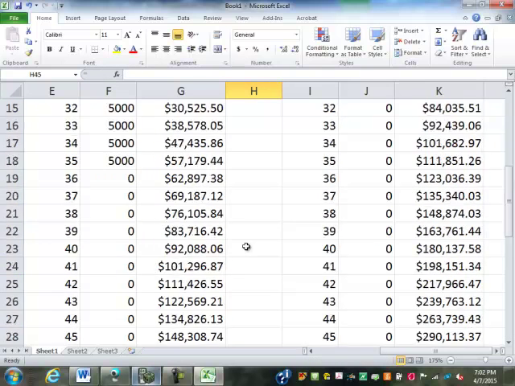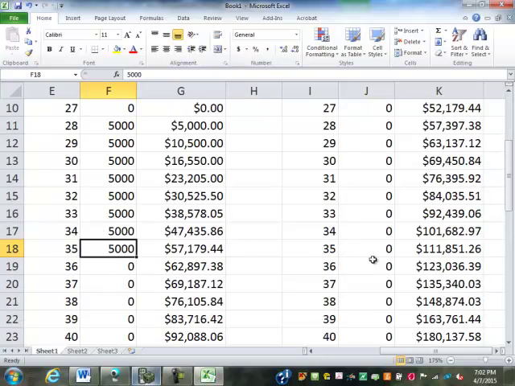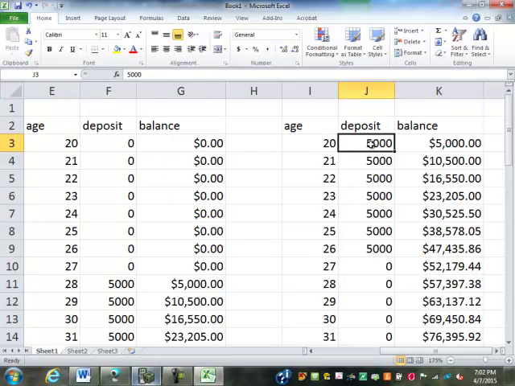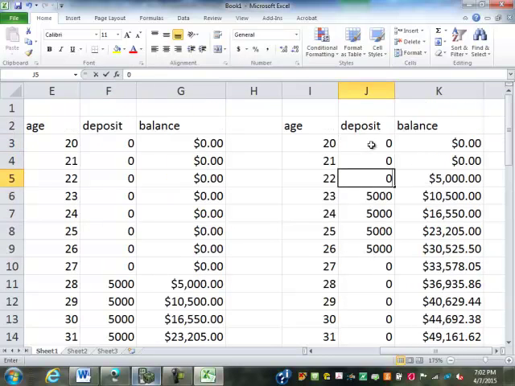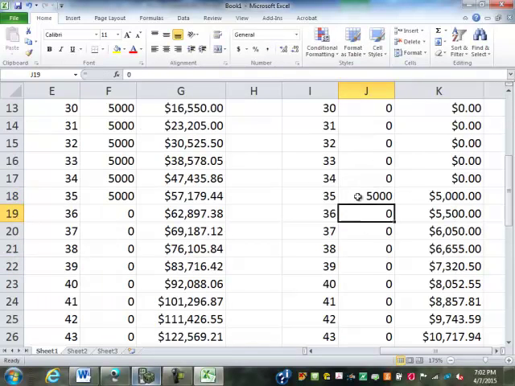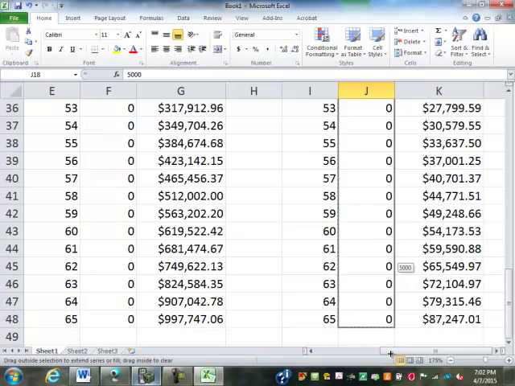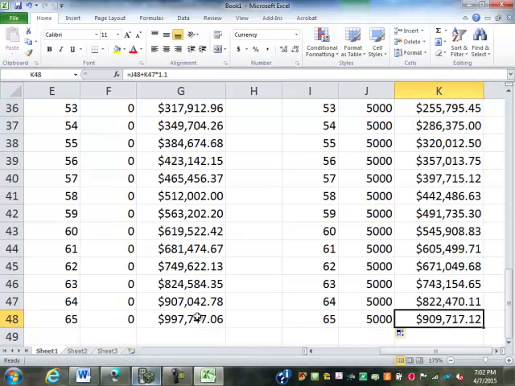Let's say that you start at 28 and you go to your 35. Or the other side of that is, let's say you say, screw it, I'm going to play for a while and I'm not going to start till I'm 35. You're still way better off to start now.